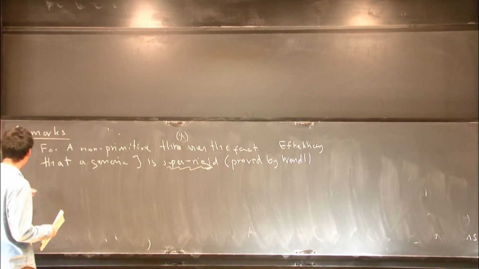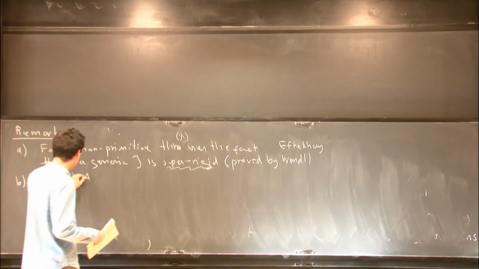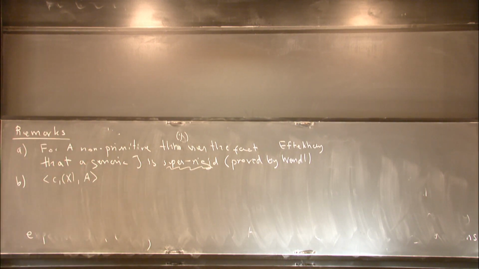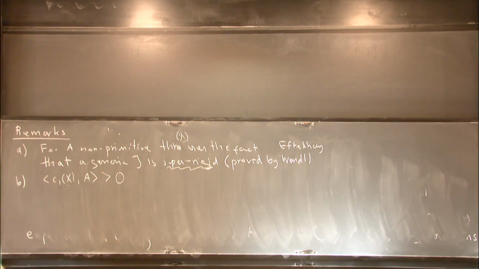Another comment I want to make: there's this number which gives you the dimension of the moduli space. If this number is negative, then you can show that generically there are no holomorphic curves in the class A, so that's a boring case. Another interesting case is when this number is positive. Then the moduli space is positive dimensional, and instead of counting curves, you want to count curves that pass through certain cycles.